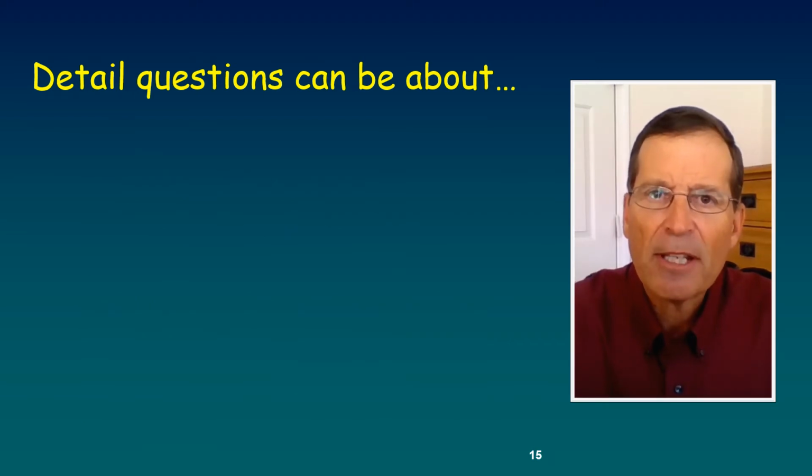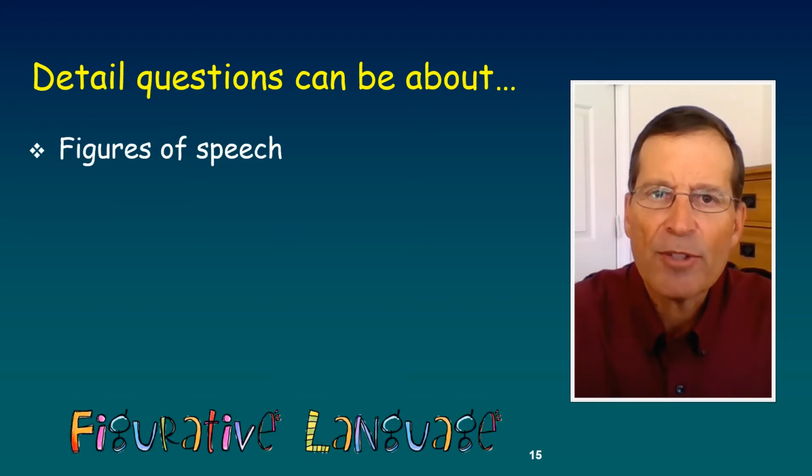Detail questions can also be about figures of speech. The words in a figure of speech might communicate meaning clearly in one culture, but not to another. So for example, in verse 30, perhaps you translated like literal versions, "A man was going down from Jerusalem to Jericho, and he fell into the hands of robbers."